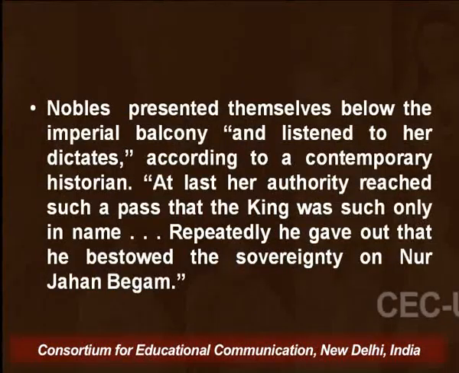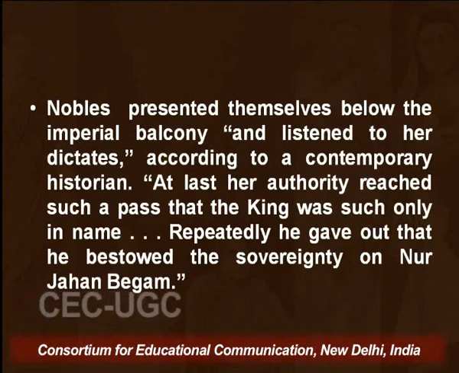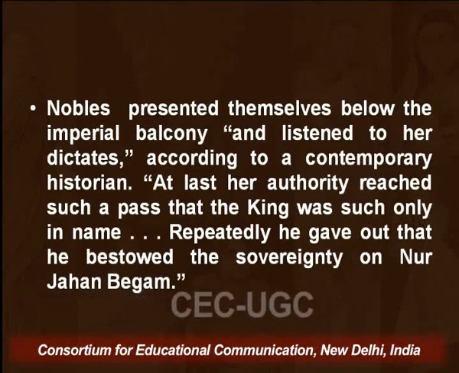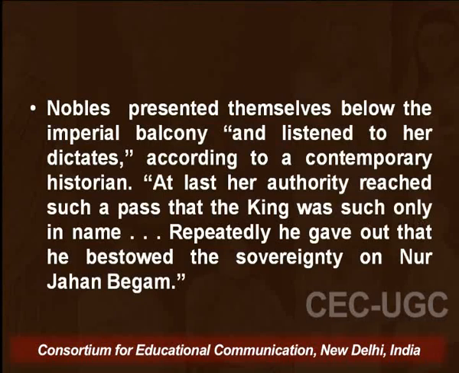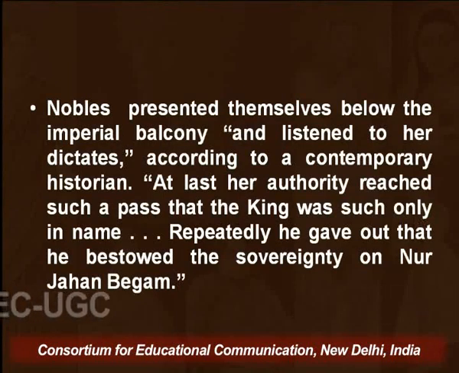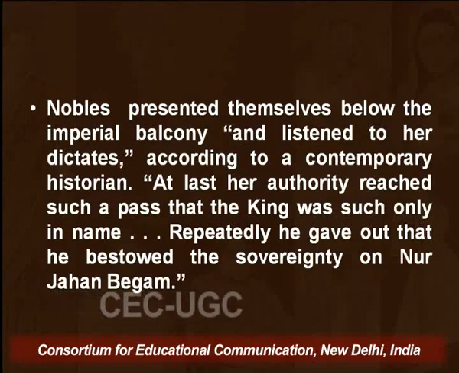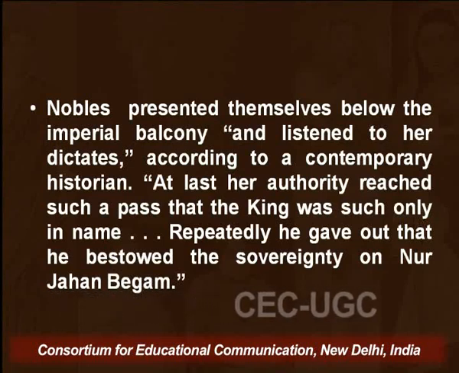The subjects gathered below the Jharokha to pray for her health and to get a look at her, which was considered auspicious. The nobles would also present themselves below the imperial balcony and listen to her dictates. According to a contemporary historian, at last her authority reached such a pass that the king was such only in name.